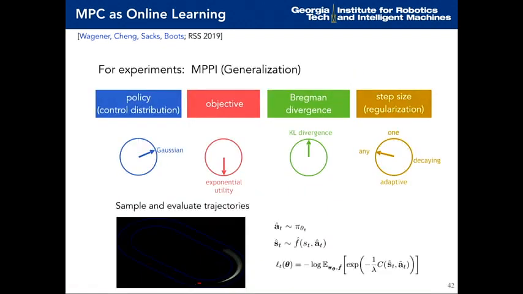For our experiments on the rally car, we're using a generalization of model predictive path integral control. Our control policy is a Gaussian distribution, and our loss function is something that we call an exponential utility. Here we're sampling trajectories from the Gaussian distribution of actions. We run each trajectory in the simulator, integrate it forward in time to generate a state action trajectory, and then evaluate its cost based on a cost function that we designed, which is the function C here.